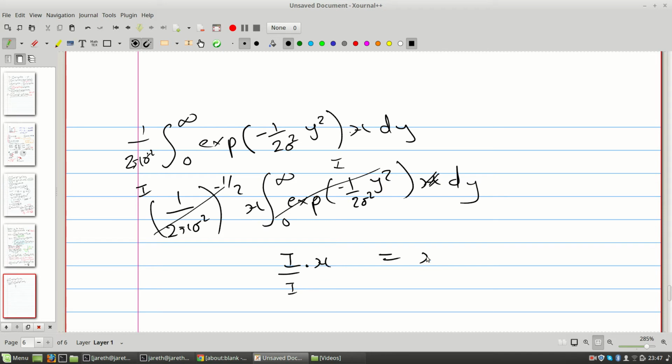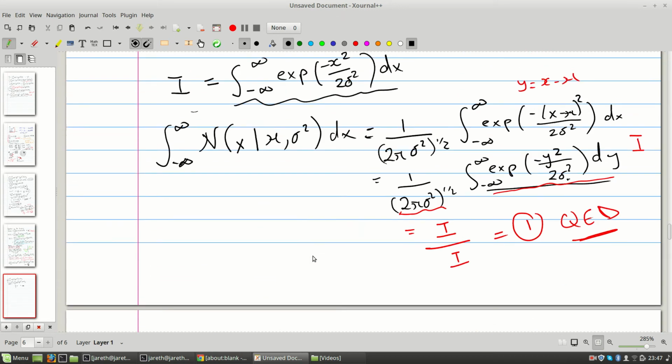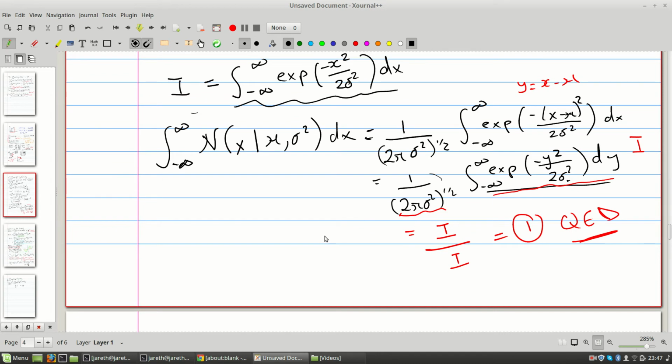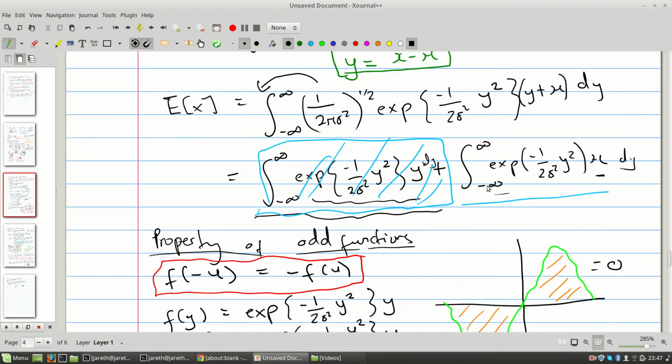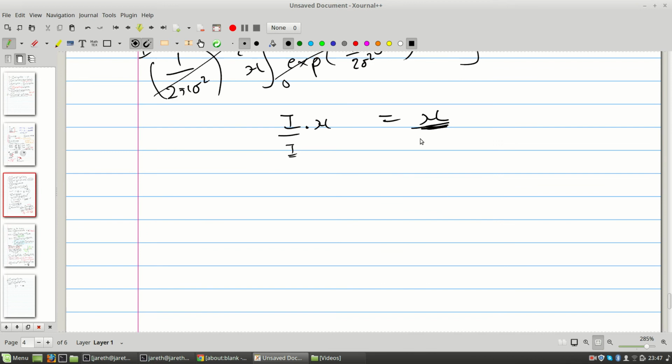So this again is I, and this bottom part is I, so I over I, and then we get the remaining mu like we had in this case. This is the same thing we had down here. So we've actually proven that this expectation boils down to mu. This is another property that we're looking at when it comes to the normal distribution.